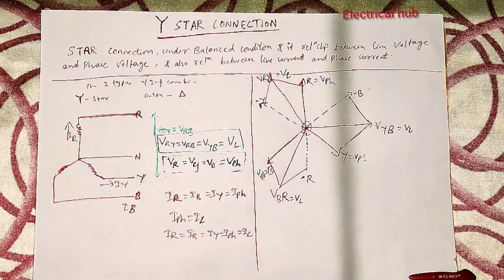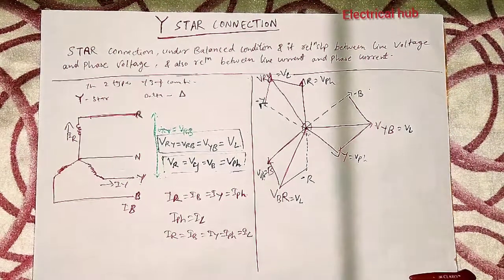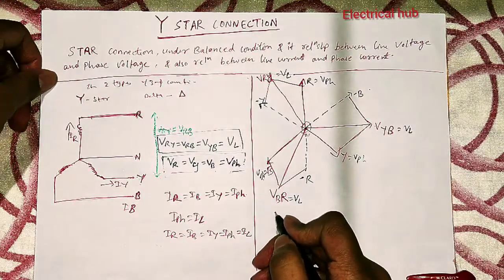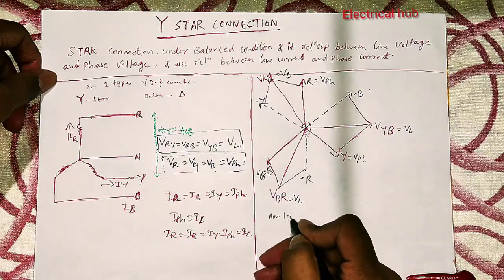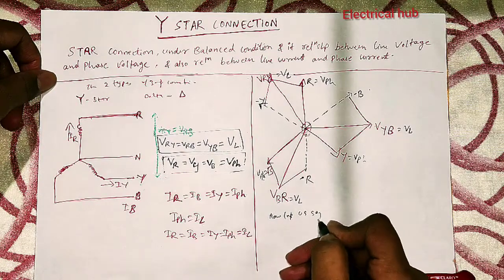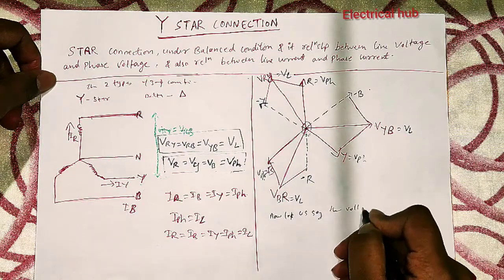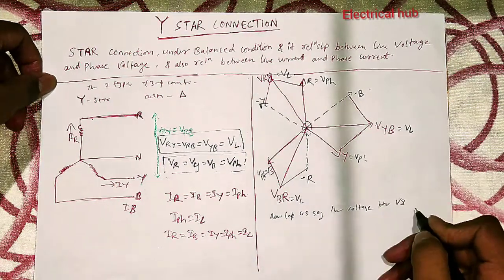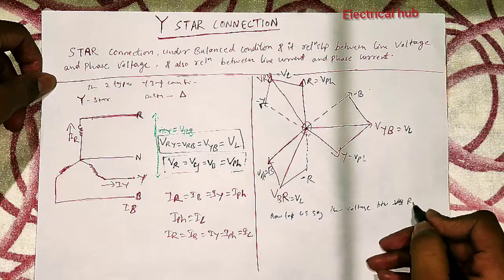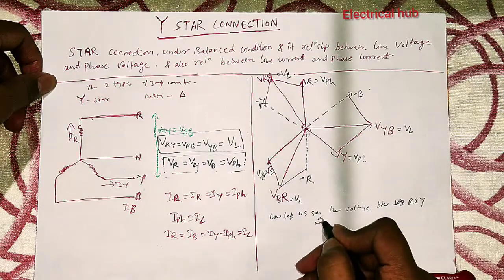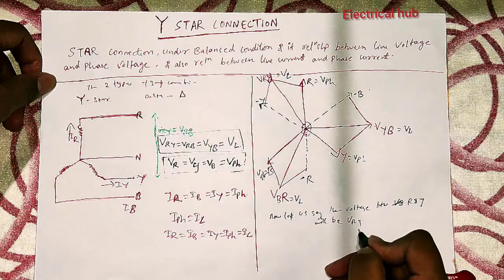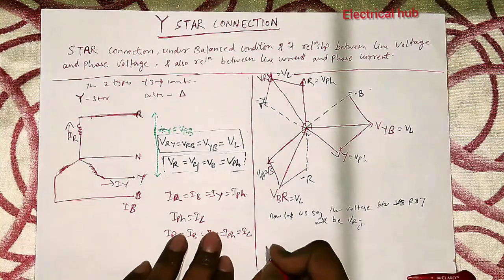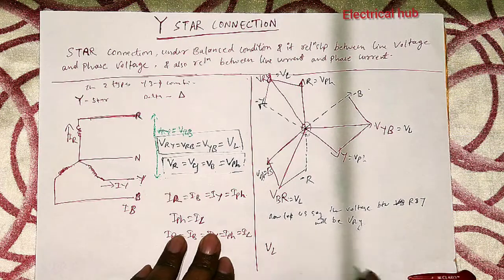So here, let us say the voltage between R and Y will be VRY. Alright. Then the line voltage of this, which means VRY, is called VL, which is line voltage.